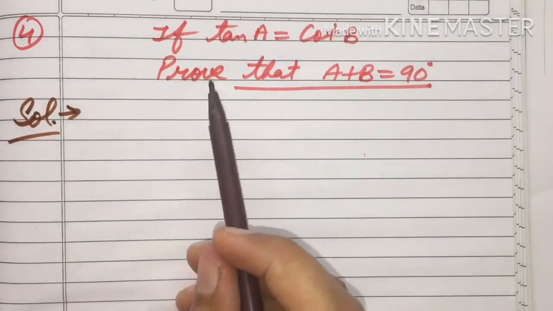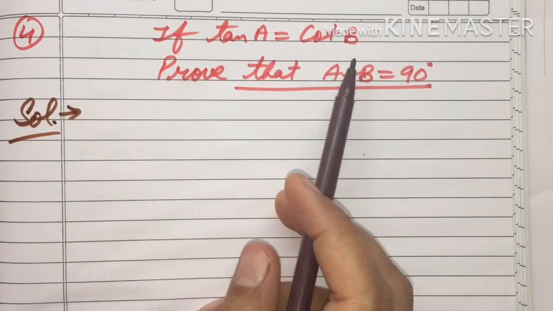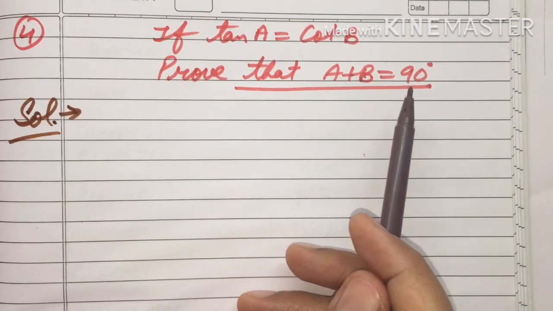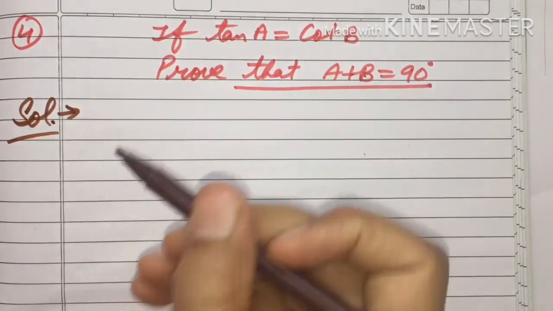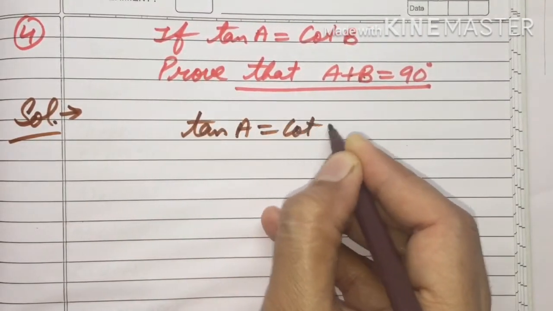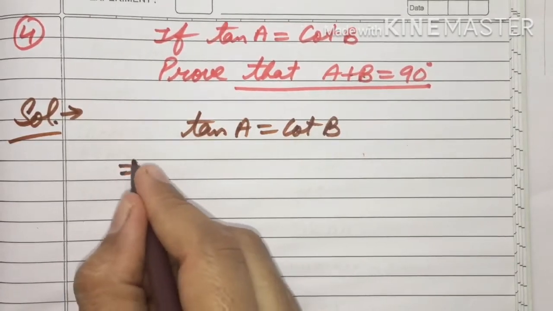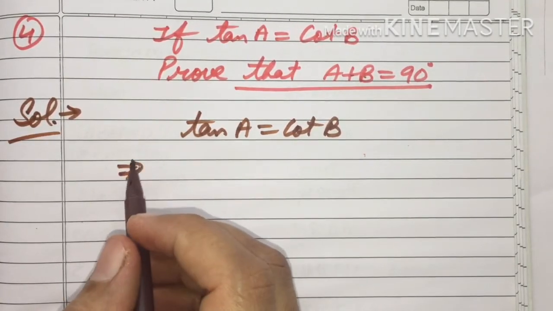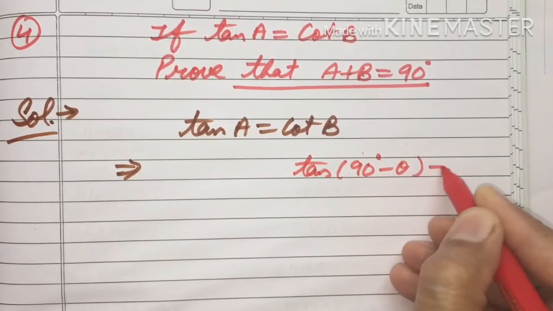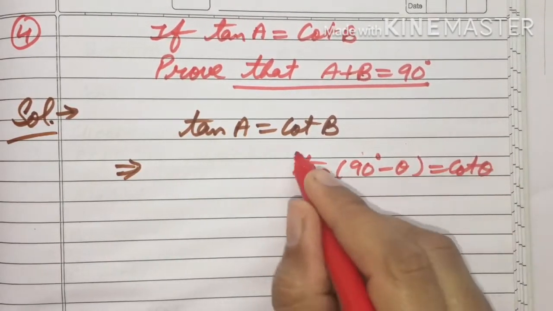Question number 4, if tan A is equal to cot B, it's given, then we have to prove that A plus B is equal to 90 degree. So we will write down the given thing, tan A is equal to cot B. So again we will use the same relation, that tan of 90 degree minus theta is equal to cot theta.